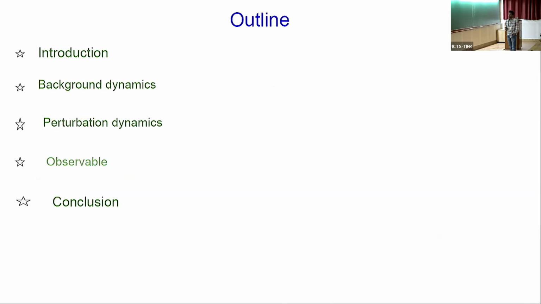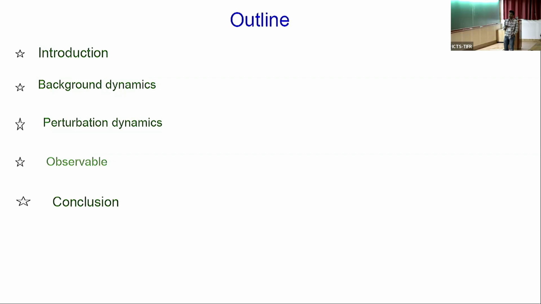My talk is mostly similar to Ramkishore's talk, so some of my slides are similar to his. This is the outline of my talk. First, I will give some introduction where I will try to motivate what I'm trying to do and what I'm trying to solve.